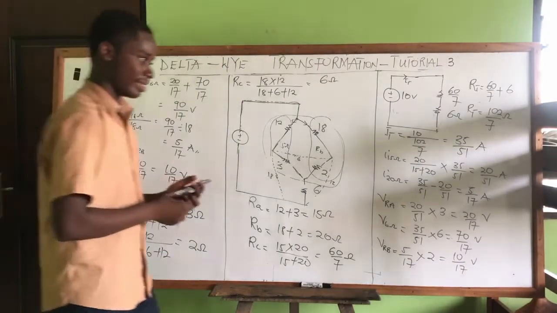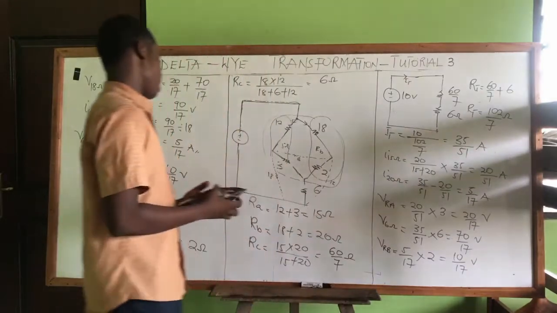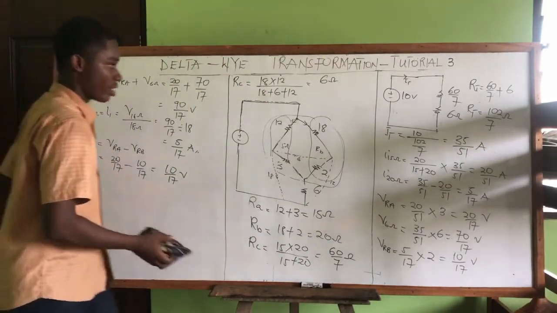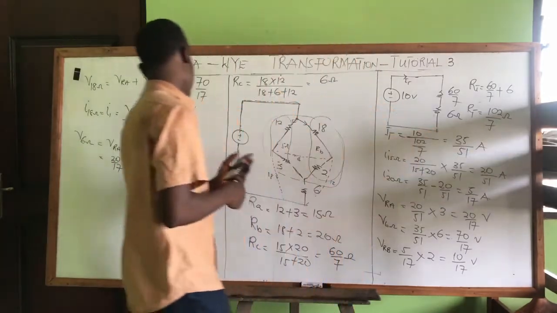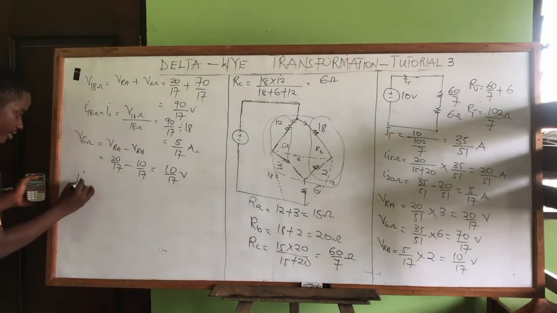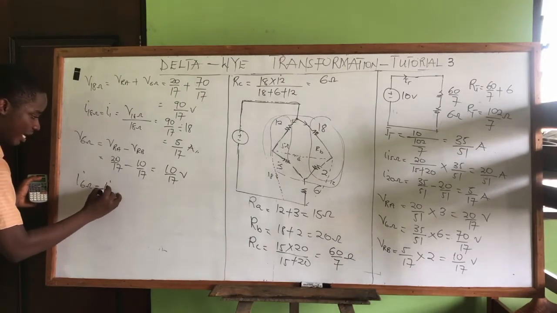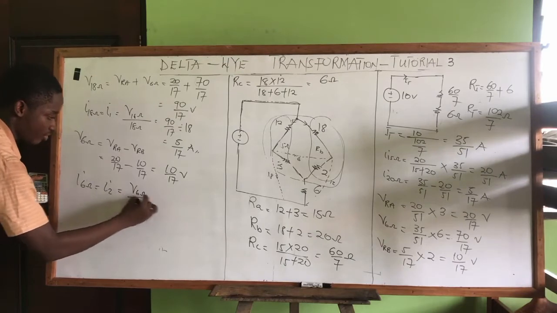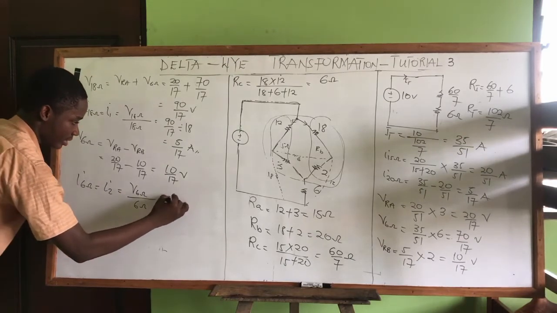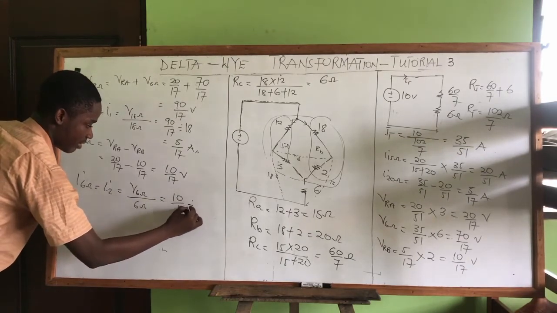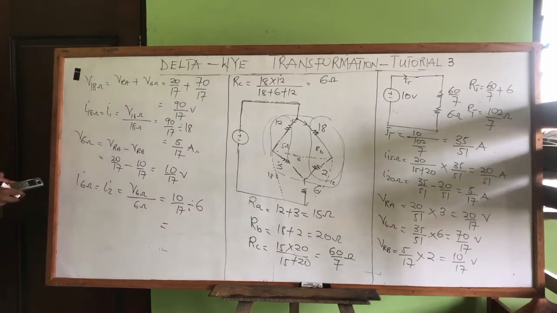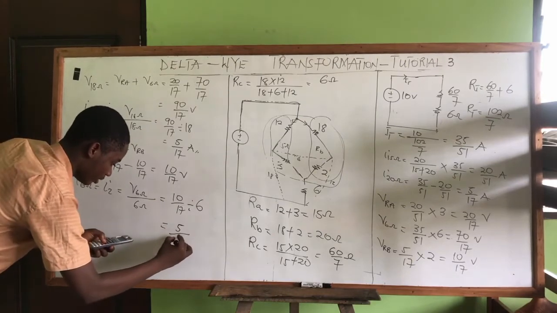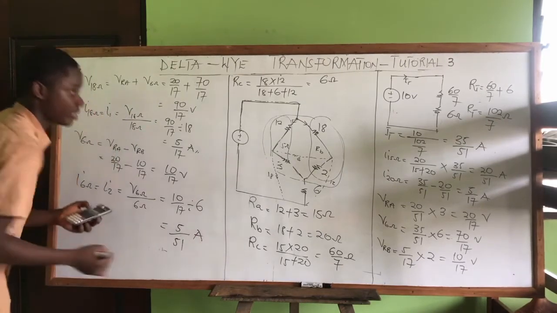We need its current. So very simple, we need its current. The current in the 6 ohms, which is the same as I2 from the question, is the voltage for the 6 over the 6, which is 10 on 17 divided by 6, and that is giving us 5 on 51 amperes.